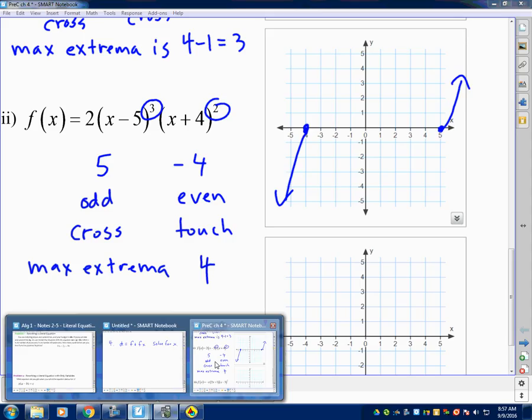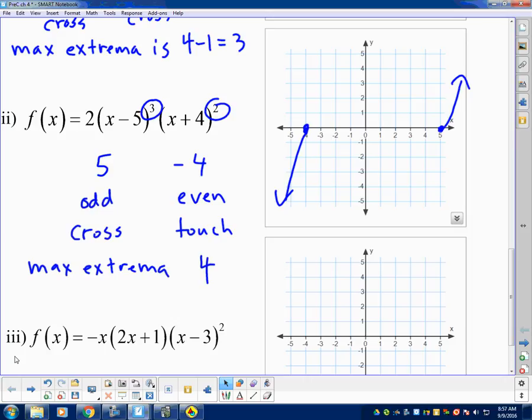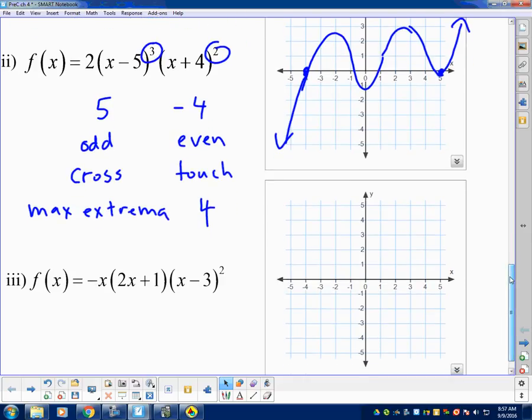We'll do that one. So the max number of extrema before this thing is odd. It just touches right here. We could have lots of different options for graphs. It could have 1, 2, 3, 4. That could be one option. Exactly what it looks like, but there it is.